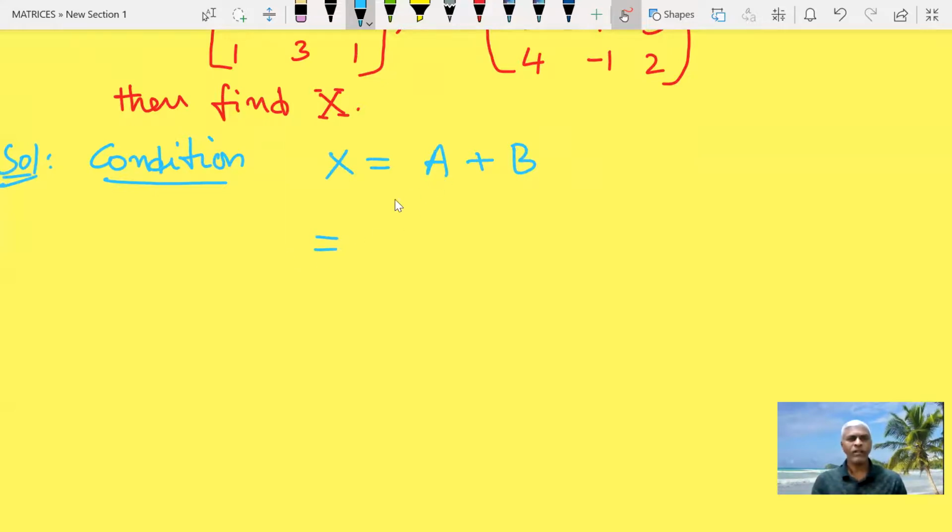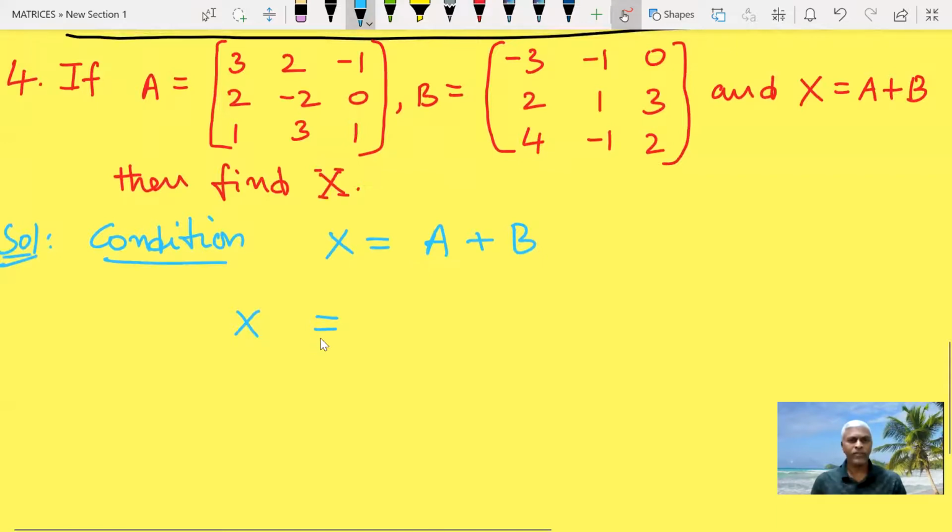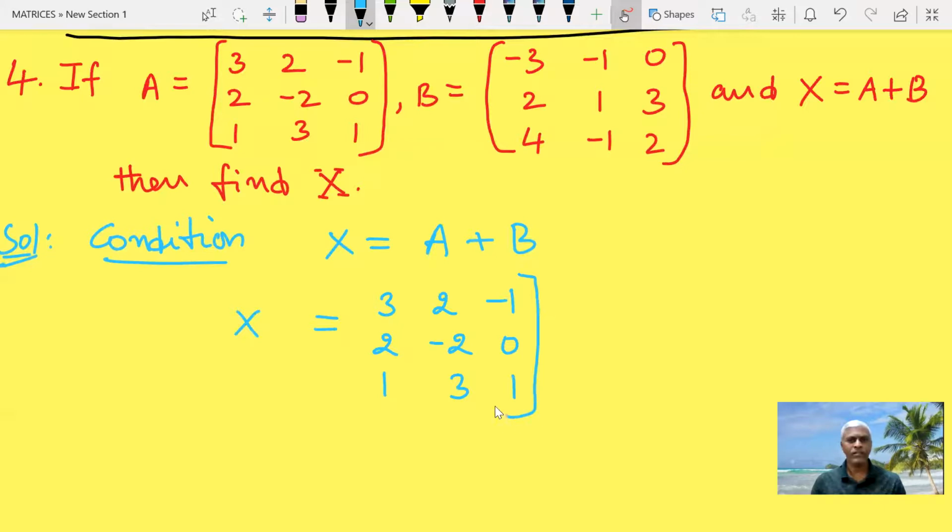Therefore, now write in place of A the matrix [3, 2, -1; 2, -2, 0; 1, 3, 1]. So this is A, and B is [-3, -1, 0; 2, 1, 3; 4, -1, 2].